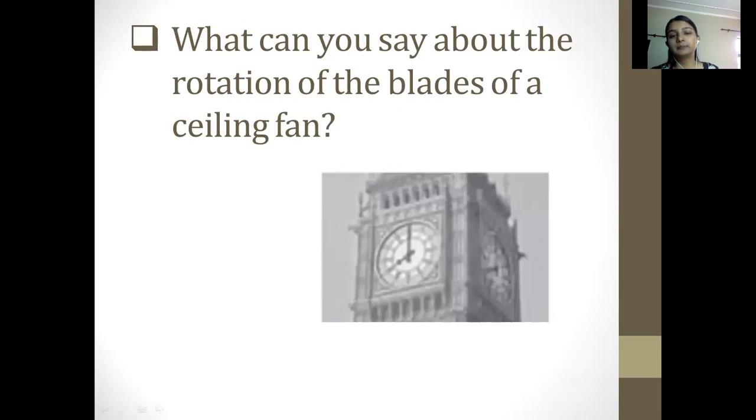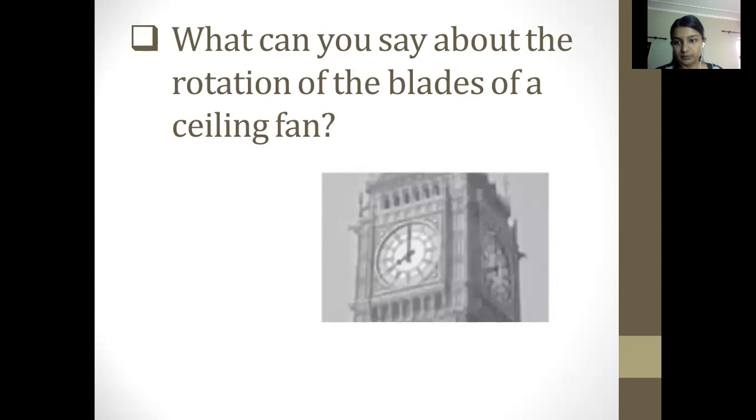So students, what can you say about the rotation of the blades of a ceiling fan? In the picture also you can notice that there is a rotation going on. What do you think about a ceiling fan? When it is not moving, the three blades of the ceiling fan are in a stable position.